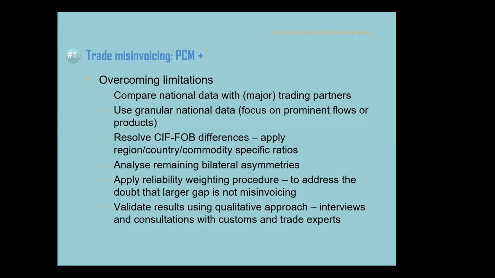The next one is very easy to write down or read. It says analyze remaining bilateral asymmetries, as if this was so simple. Of course, it is not. There are many other reasons that we might be looking into and trying to account for when we look at bilateral trade asymmetries. We will be taking a look later on.